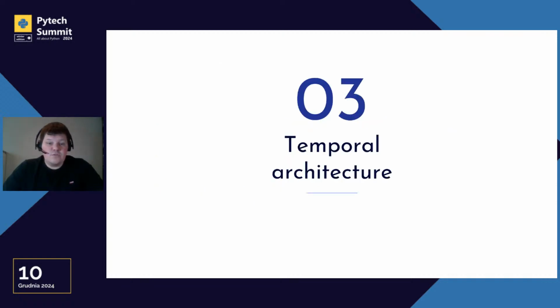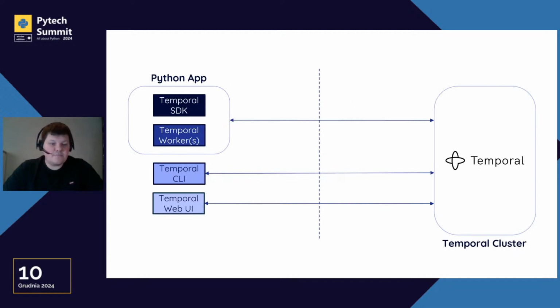Let's move to Temporal architecture next. Let's split our diagram into client side and server side. On the server side, we can expect a Temporal cluster, and we have different options to communicate with our Temporal cluster.